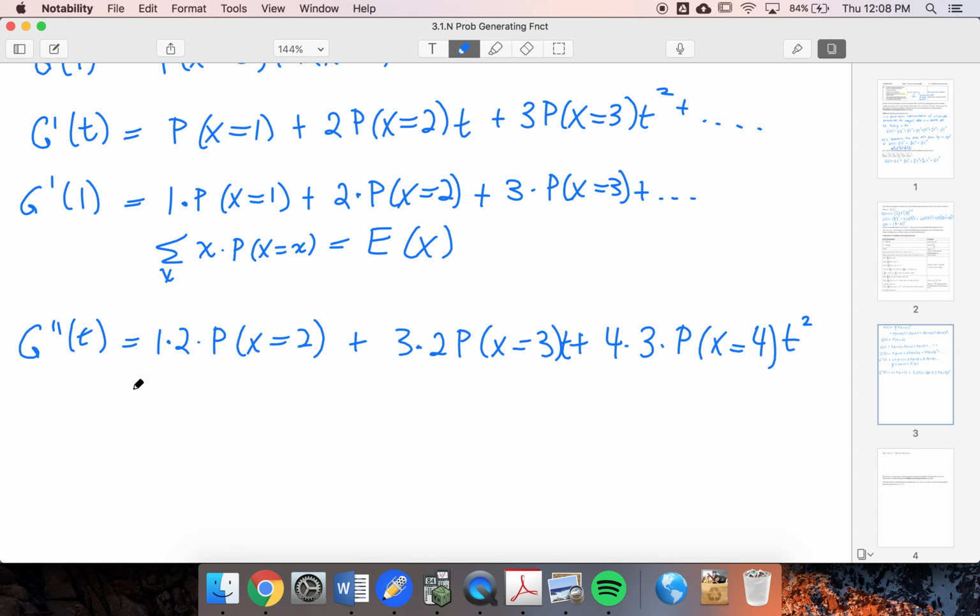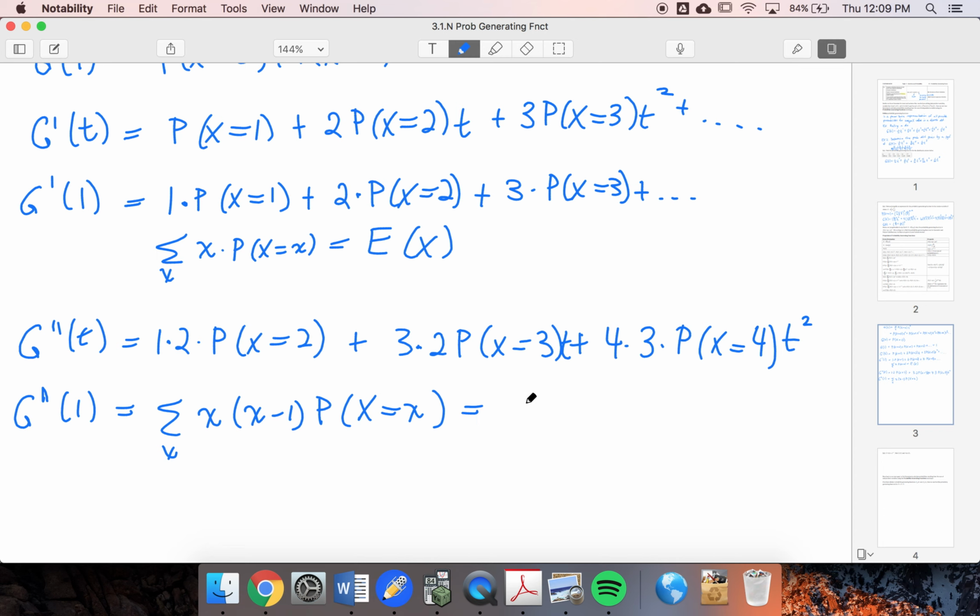But now if I plug in 1, I can shrink it down similarly, but this time I can write it as x times x minus 1, times the probability that X equals x.